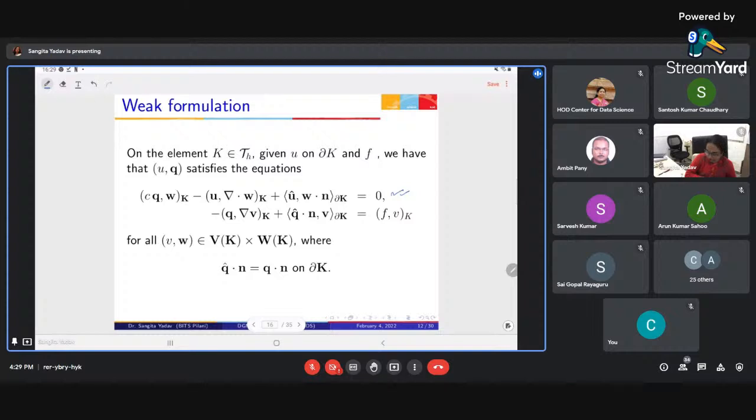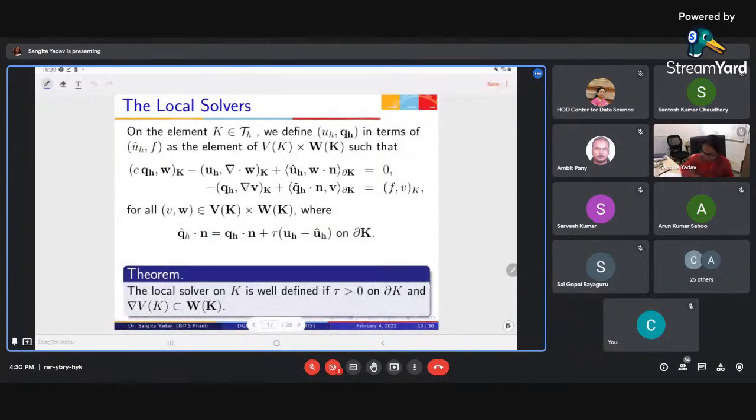And similarly, just multiply by a function v in the second equation and use integration by parts to get the second equation. And then we will be using this transmission condition that we require, that the normal component of the trace of q is going to be the same as the normal component of q on the boundary of K. So using these conditions, we can choose uh, qh, which are going to be polynomial functions in terms of two functions, uh hat and f.